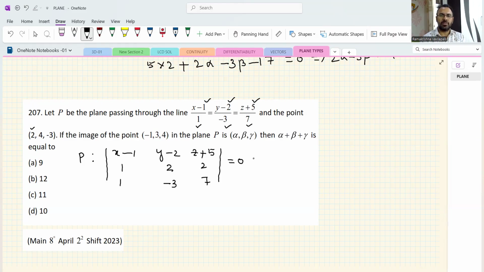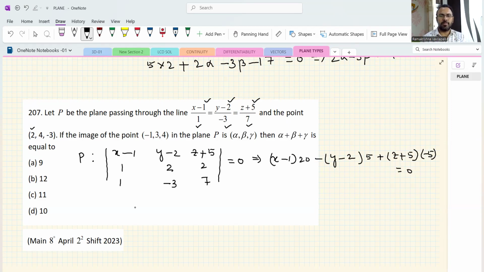So this implies (x minus 1) into 14 plus 6, that is 20, minus (y minus 2) into 7 minus 2, 5, plus (z plus 5) into minus 3 minus 2, minus 5, equal to 0.